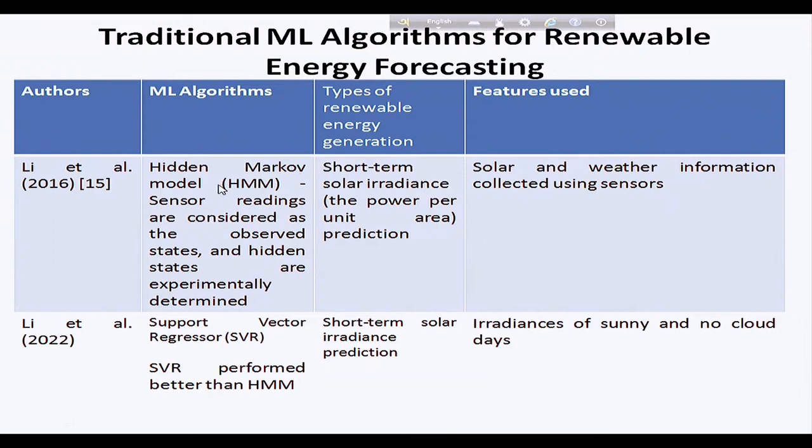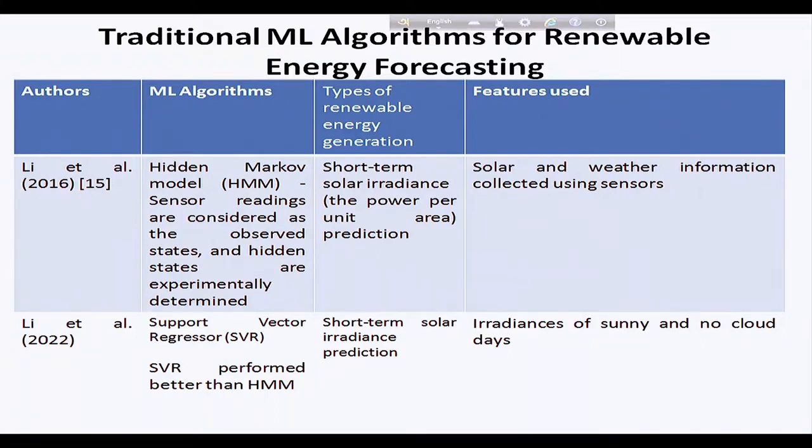Another work, in 2016, used a hidden Markov model for short-term solar irradiance prediction. I know you know the meaning of irradiance: the power per unit area.